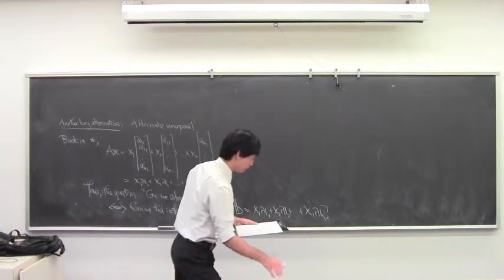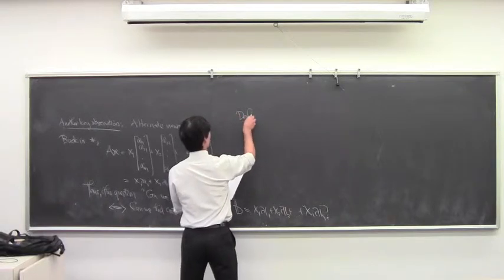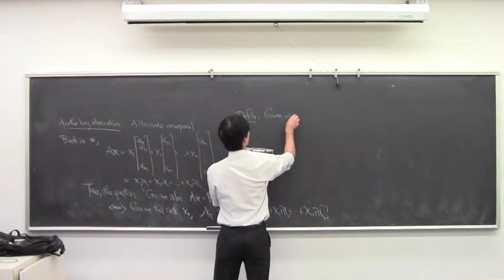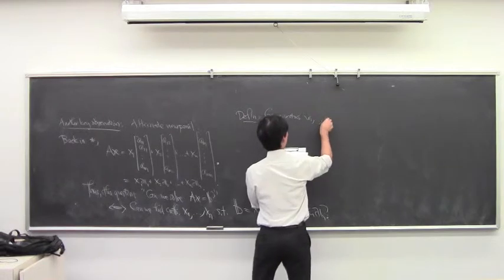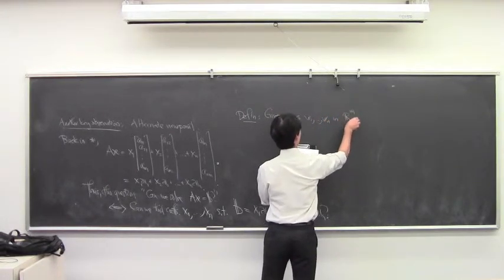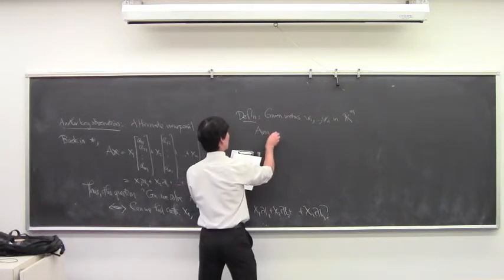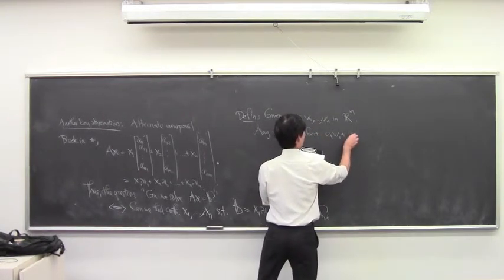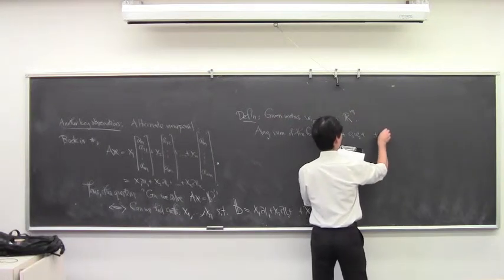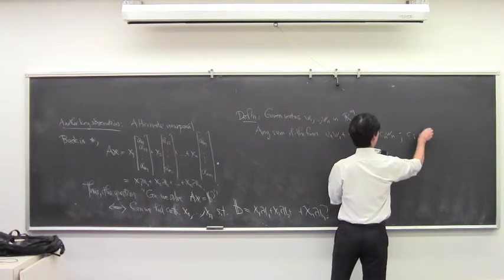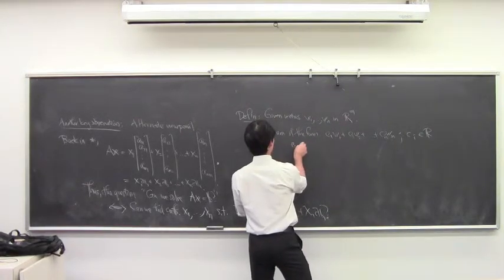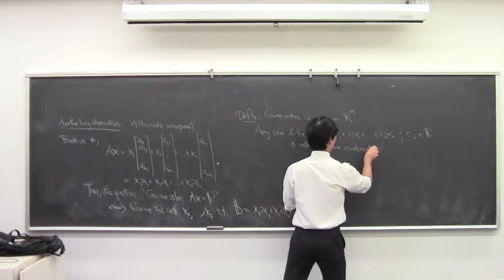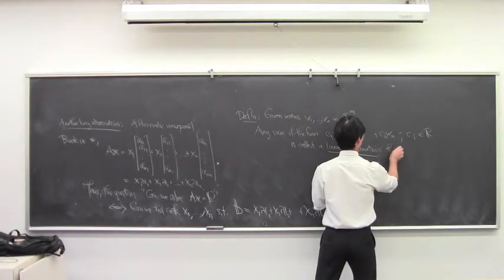And let me give you the mathematical terminology. Given vectors v1 to vn in R^m, any sum of the form c1 v1 plus c2 v2 plus cn vn, where the ci are just numbers, scalars, is called a linear combination of v1 to vn.